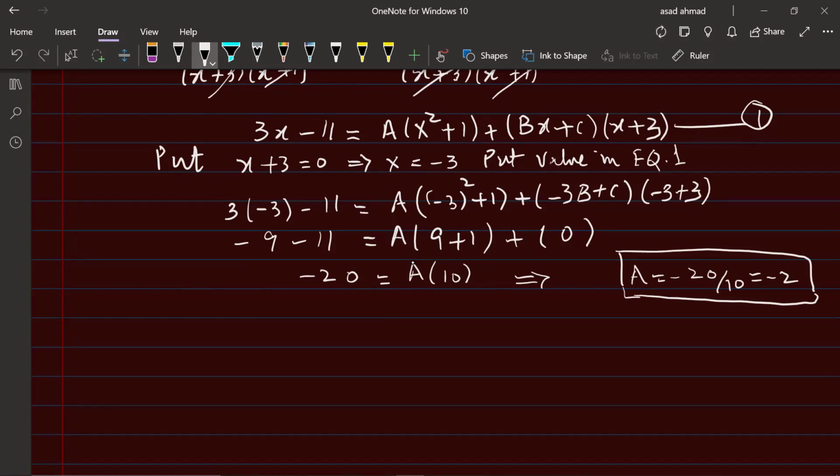Now for finding the values of B and C, we need to expand equation number 1, because we don't have any other linear factor to put equal to 0. So we need to multiply out the entire equation, the terms on the left hand side and on the right hand side as well.